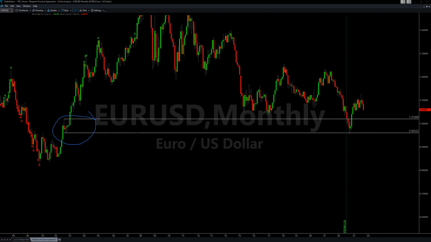Great is 2 to 3 indecisive candles. That means 2 to 3 on the monthly chart, 2 to 3 on the daily chart, 2 to 3 candles on the 50-minute chart. That is our idea. 2 to 3 indecisive basing candles are great. And then a little bit less quality, not great but acceptable, is 3 to 6 candles.